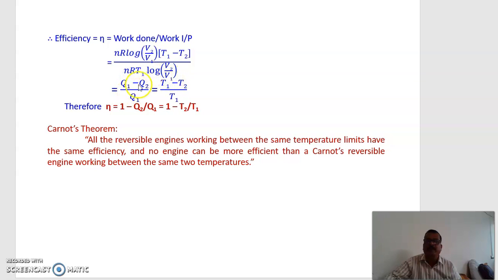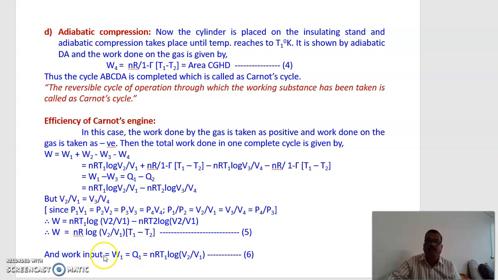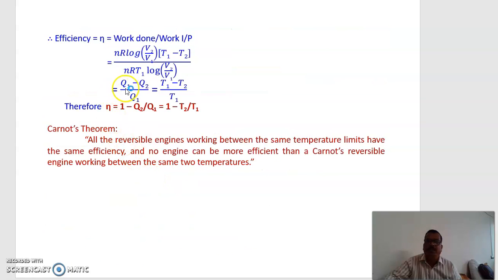आता हा आउटपुट चं इक्वेशन काय आलंय आपल्याला, आउटपुटचं इथं W1 minus W3 किंवा Q1 minus Q2. ओके, that is equal to Q1 minus Q2 म्हणजे हा वर्क आउटपुट divided by हा वर्क इनपुट काय आहे, Q1 आहे.